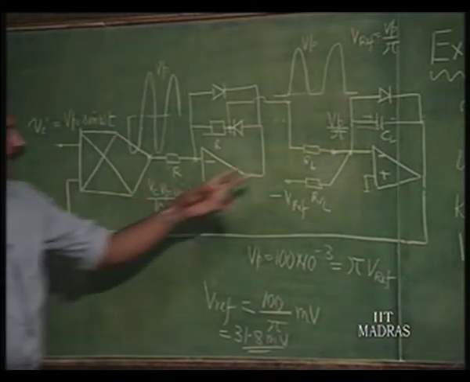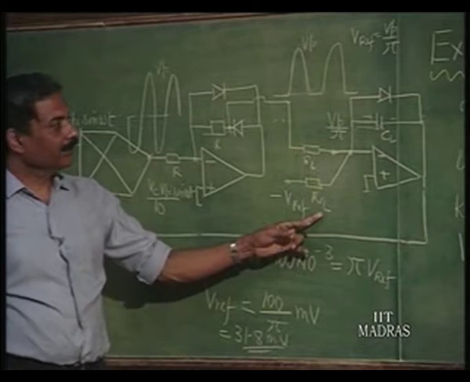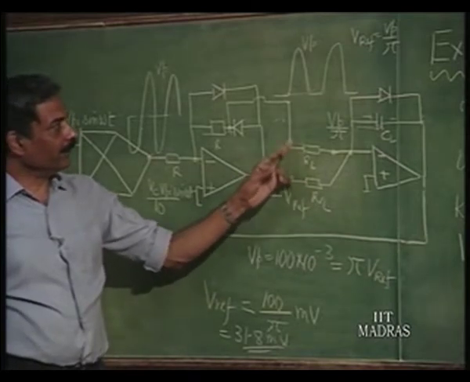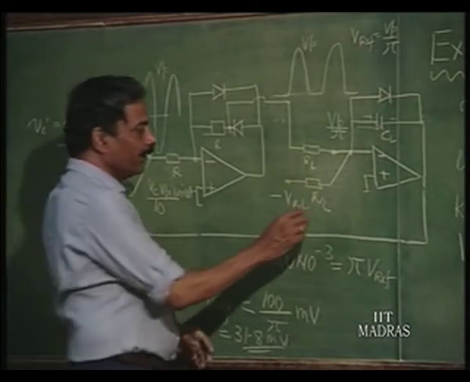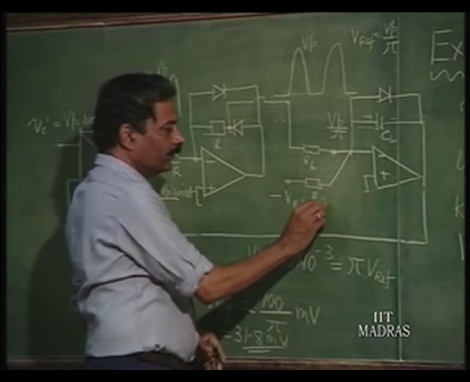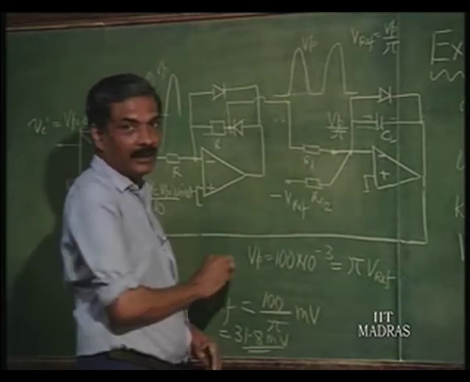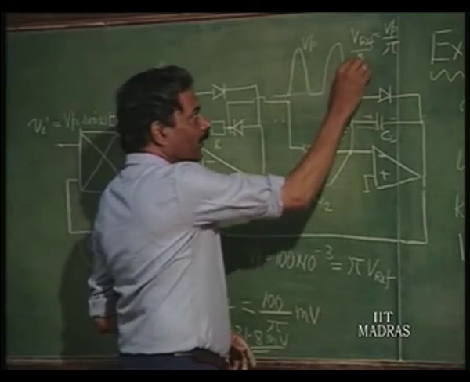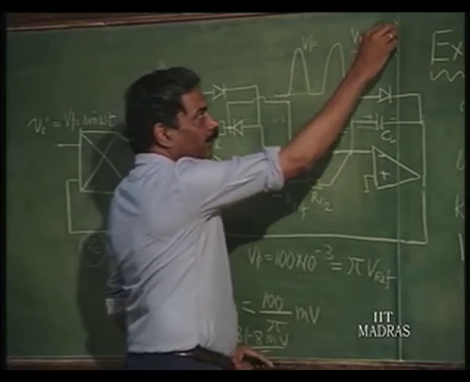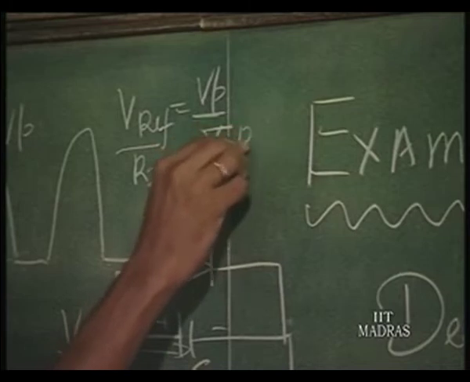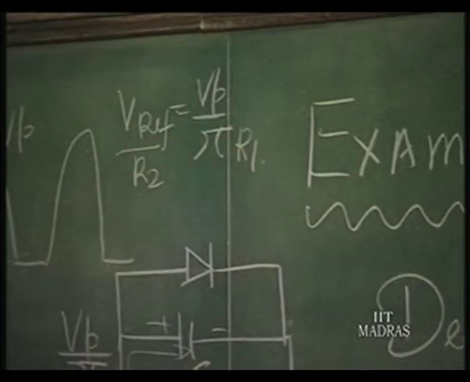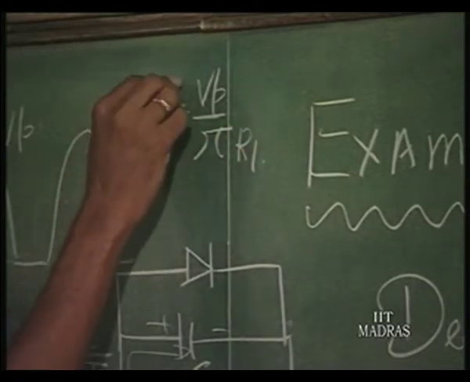In fact, if these two resistances are different, then what you have to do is V reference divided by, let us say R2 we will put it, and this is R1. So, V reference by R2 should be equal to Vp by pi divided by R1, of course with a minus sign there.